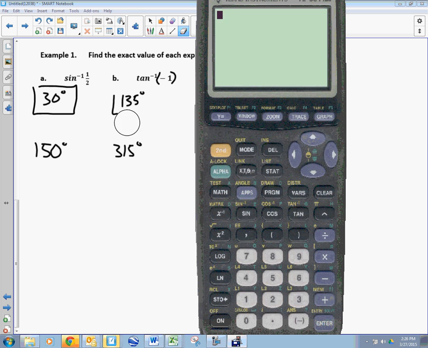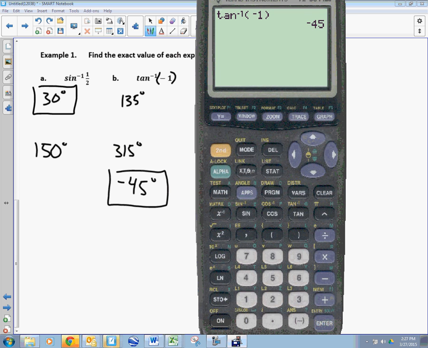But when you plug it in on your calculator and you go tangent inverse of -1, you actually get -45. That's because the range of arctan is between -90 and positive 90. Either one of these is between -90 and positive 90. So that's why you get this.